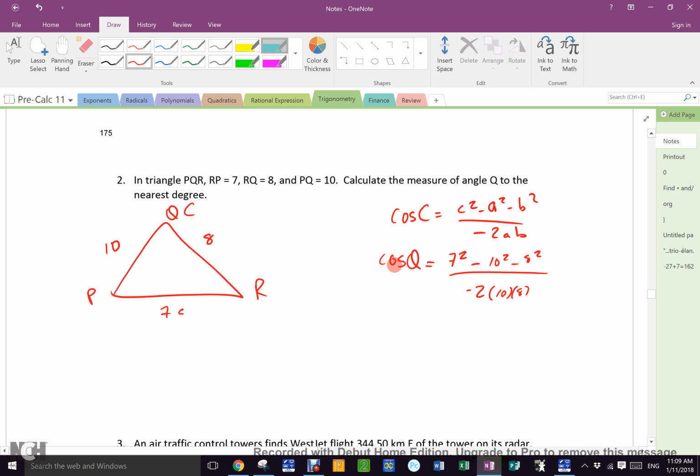What is this finding me? This just finds me cos. How do I find the angle at the end? I got to shift cos Q at the end. Try it on your calculator. See if you get it right. If you want to do it all in one step, I remind you, you got to use brackets, or it will not give you the right answer.